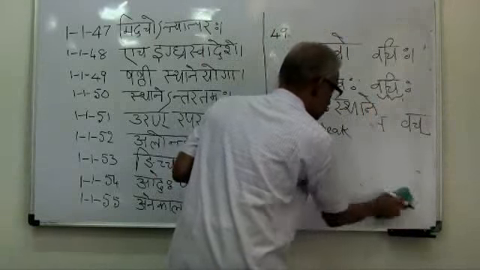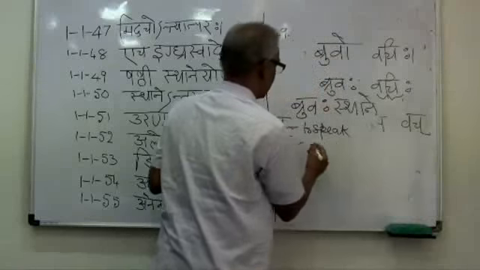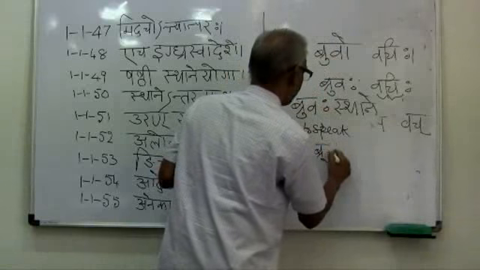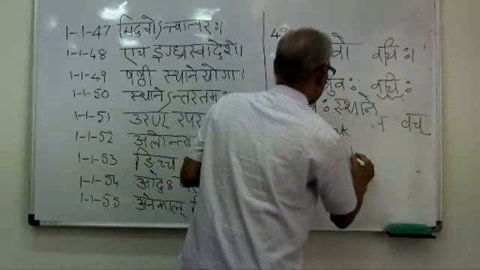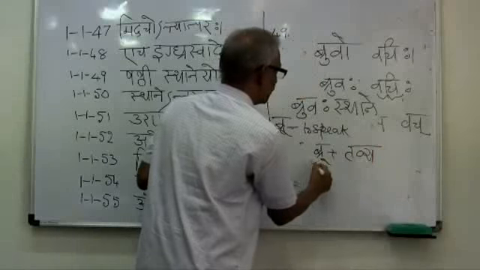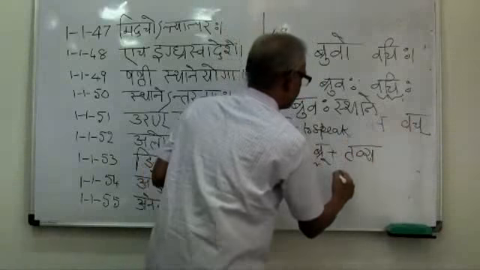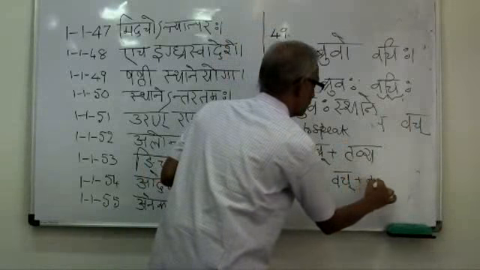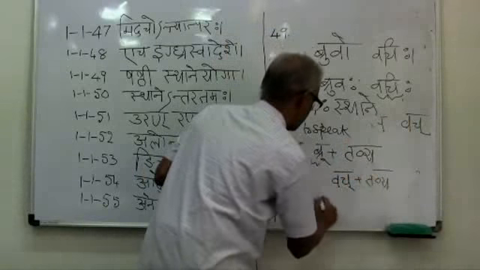So, when this rule is adopted, Bru plus Tavya. In the place of Bru, Vach will come. Vach plus Tavya. Vaktavya.